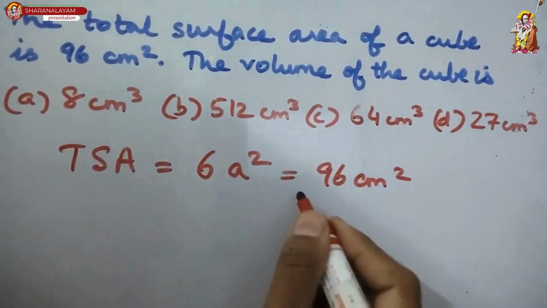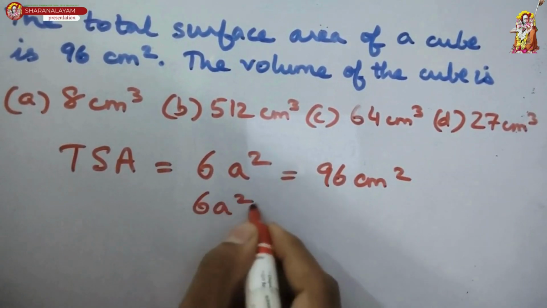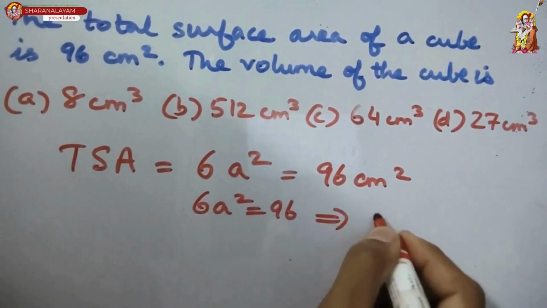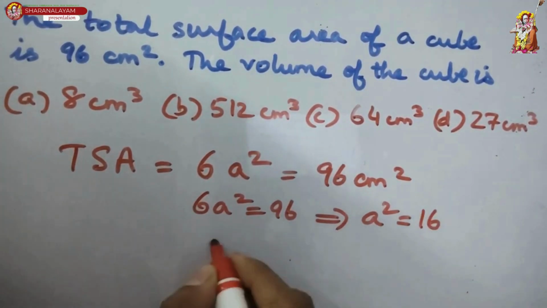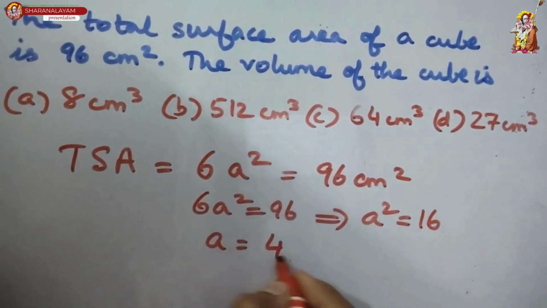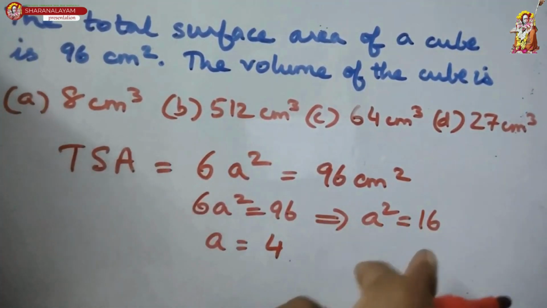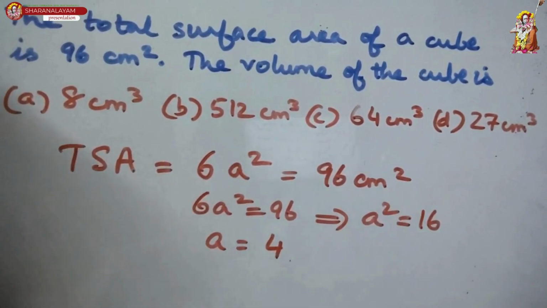So, if you solve this, 6a square is equal to 96, a square will be equal to 96 upon 6, which is equal to 16. So, a will be equal to 4. You take a square 16, square root of 16 is plus minus 4. But length has to be a positive quantity. So, a is equal to 4 centimeters.